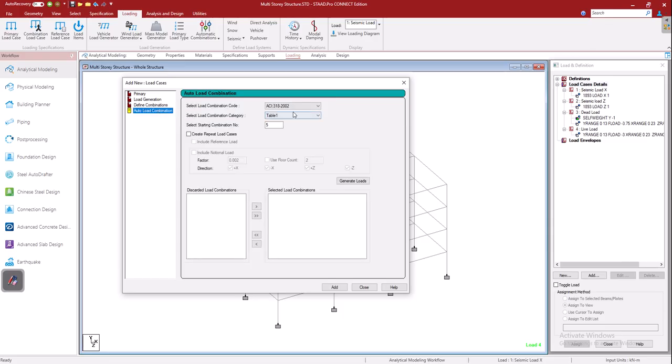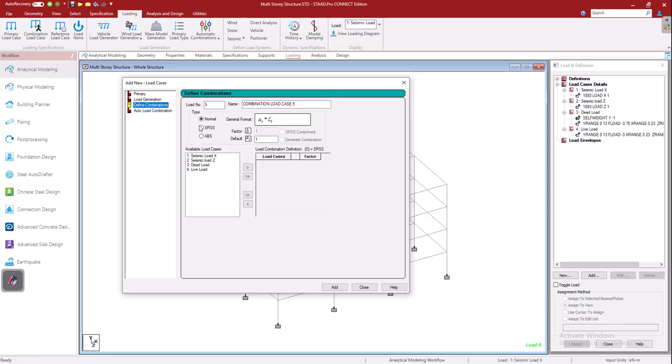Either you can consider auto load combination referring to IS 456 table number 18, or else you can directly define it manually, so that here the default load factor is 1 or 1.5, like dead load plus live load into 1.5, that is taking 50% extra, and 0.9 times dead load and live load.